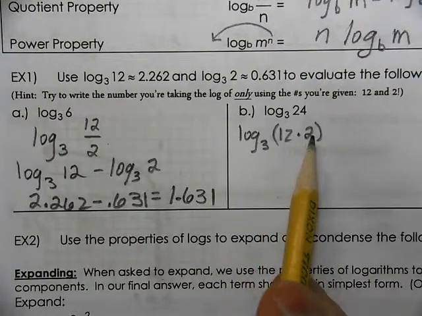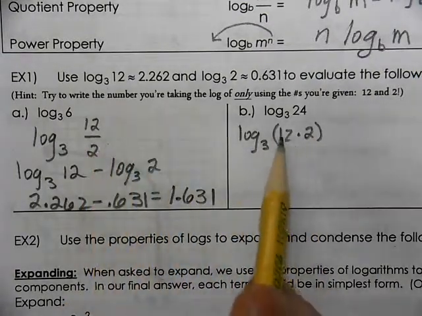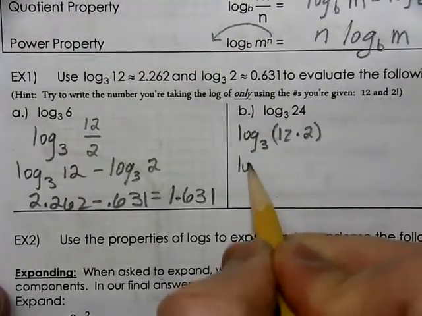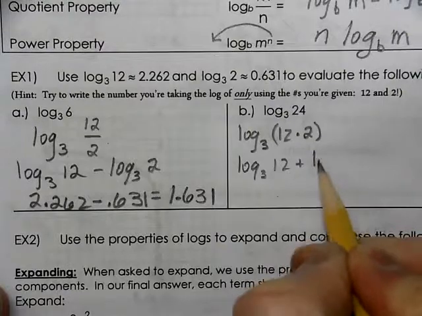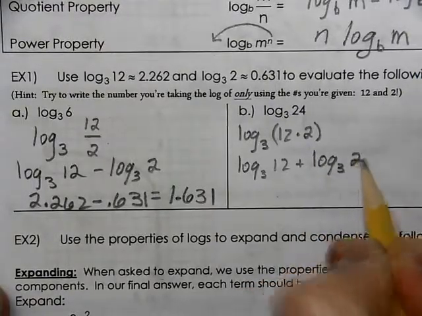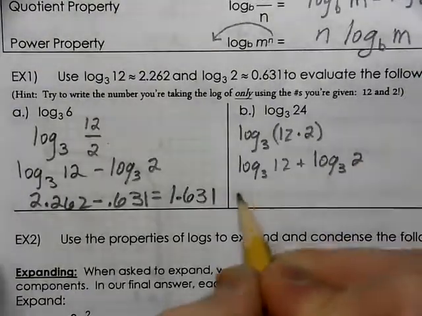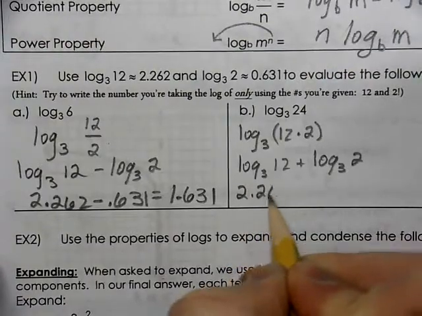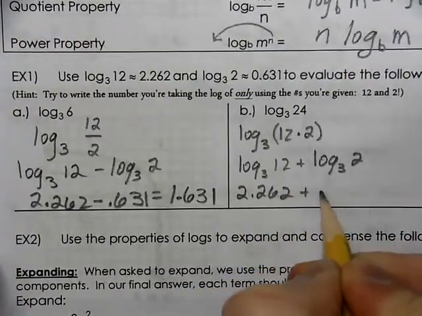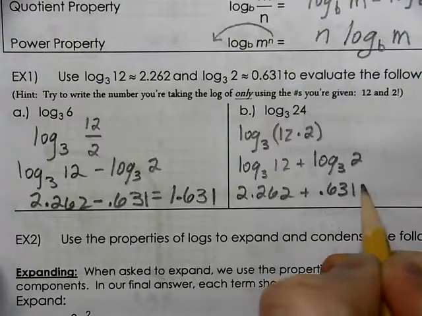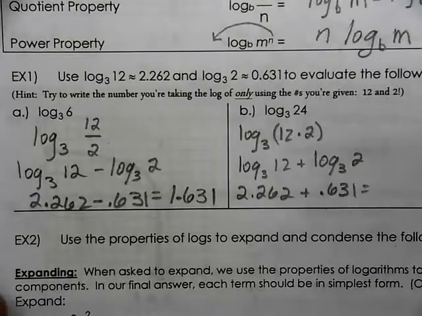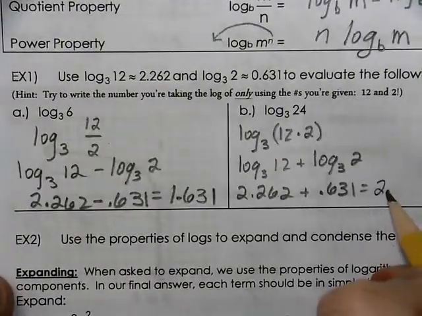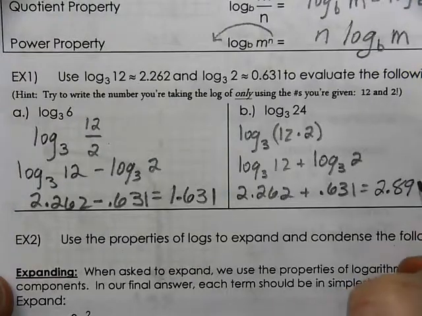When they're multiplying rather than dividing, we can separate it into logarithm base 3 of 12 plus logarithm base 3 of 2. Break this into two different problems. And that's going to equal 2.893.